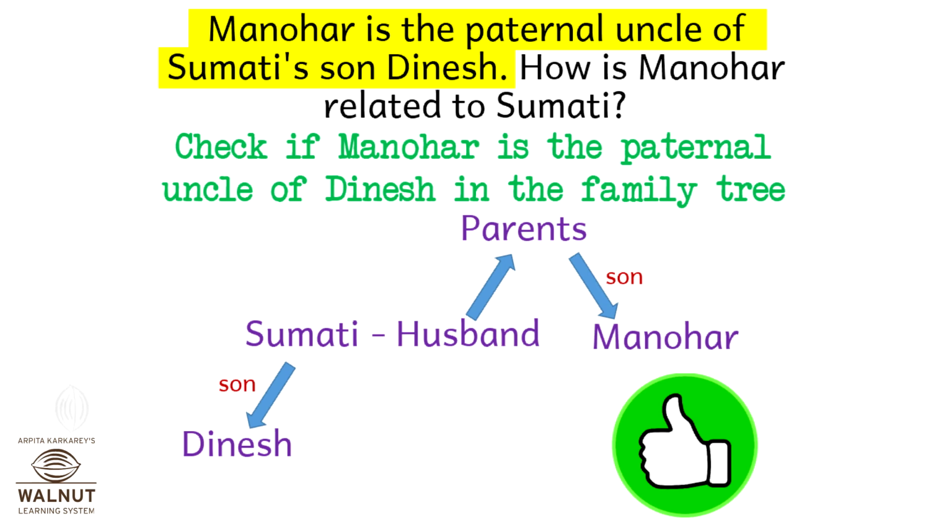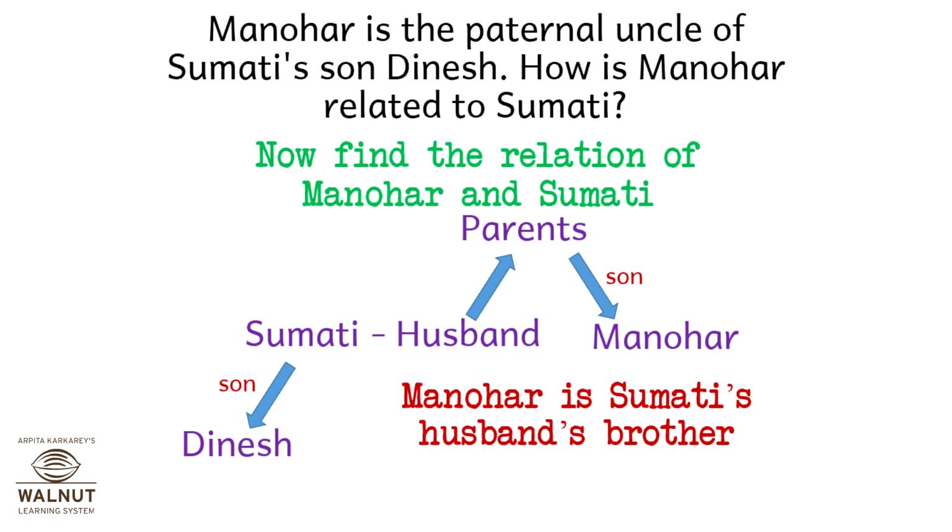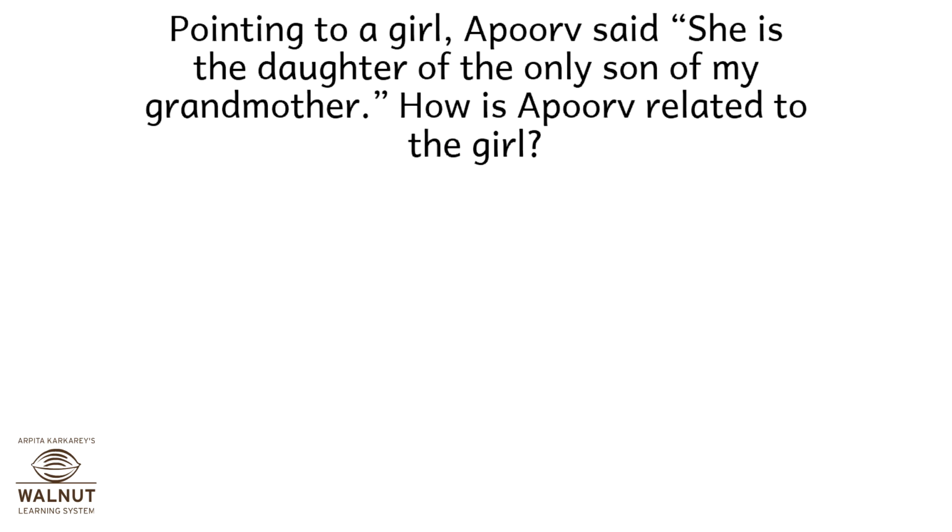Is that right? Looks like. Now find the relation of Manohar and Sumati. Manohar is Sumati's husband's brother. So Manohar is Sumati's brother-in-law. Got it? Nice. Let's move on.